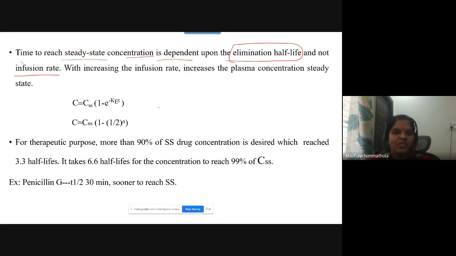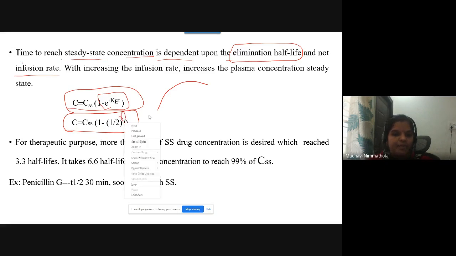You already know that. With increasing the infusion rate, you will get the curve like this. And then this CSS equation becomes this: C is equal to CSS into 1 minus half to the power of n. See why this equation comes here.